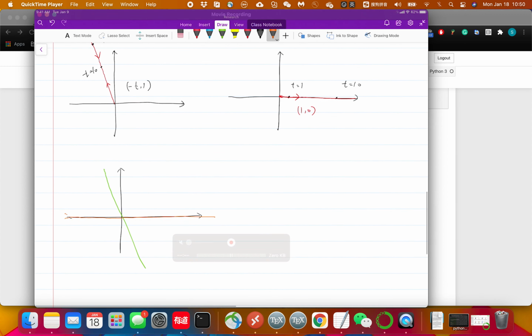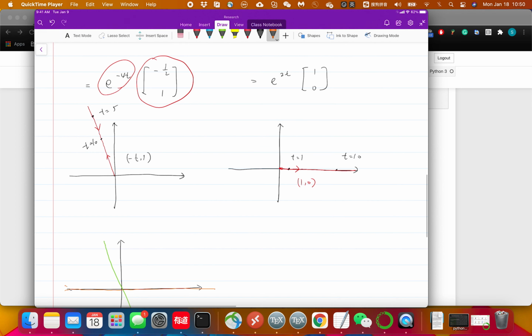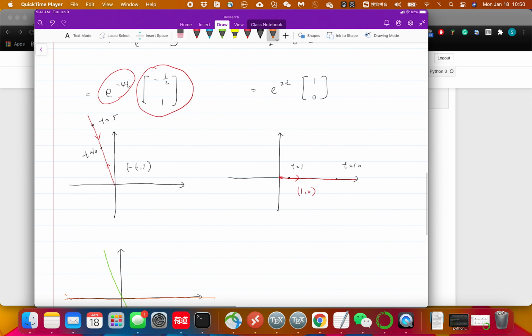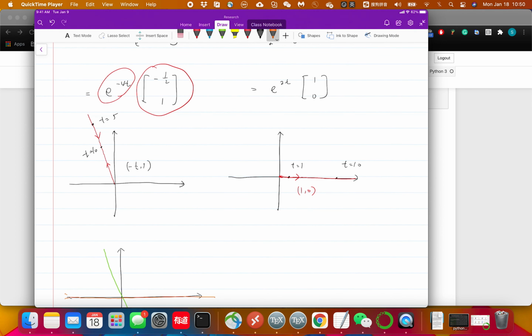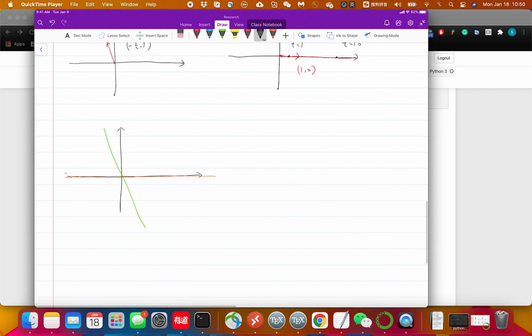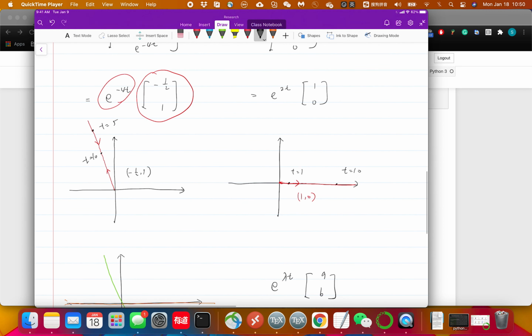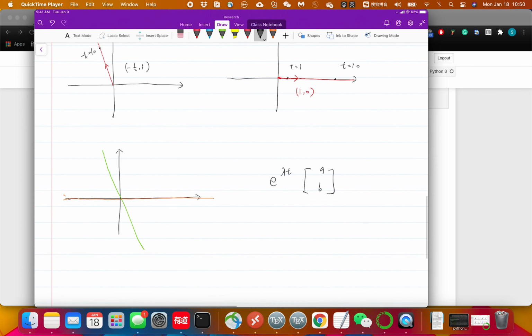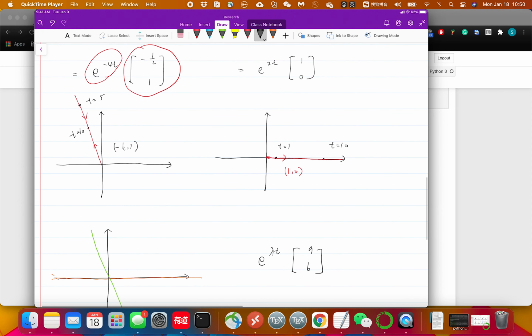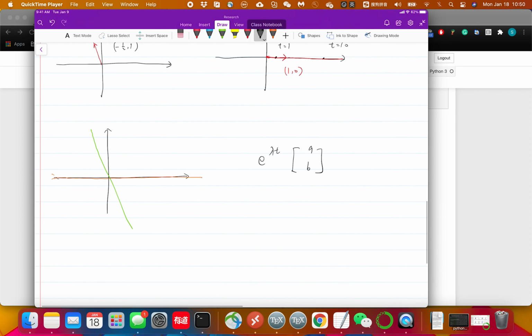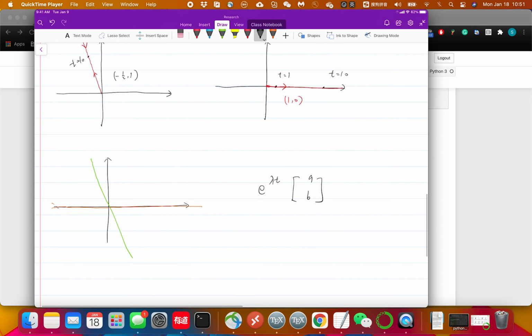So what do we have? What we have is two straight line solutions. Each one looks like a format like this, which is e to the lambda t times a vector. Okay, the first vector is -1/2, 1, which is in the direction of the green. The second one is a vector 1, 0, which is in the direction of orange. And we do have an e to the lambda t in the front.